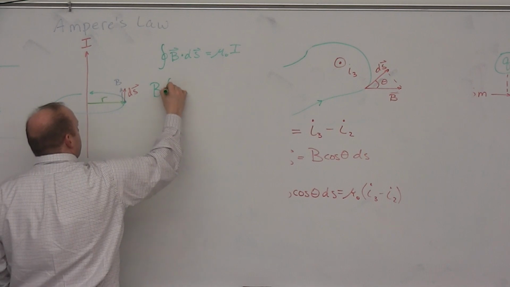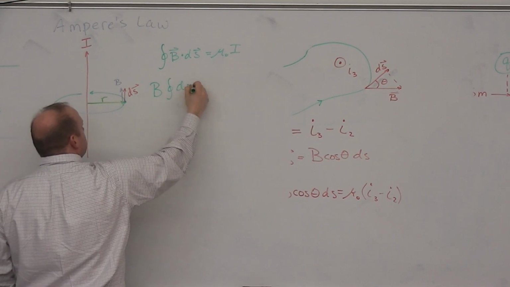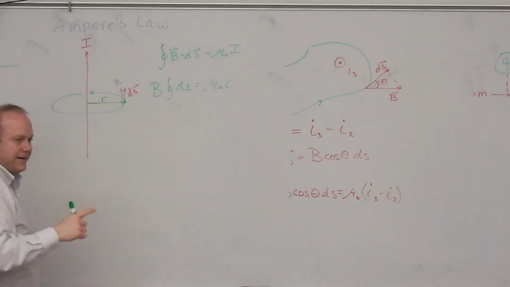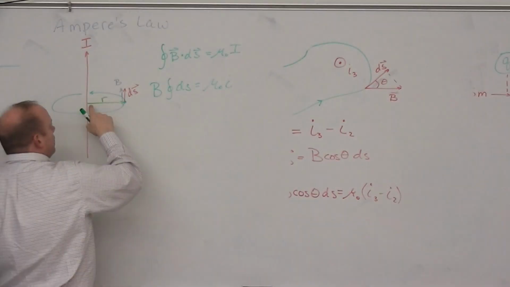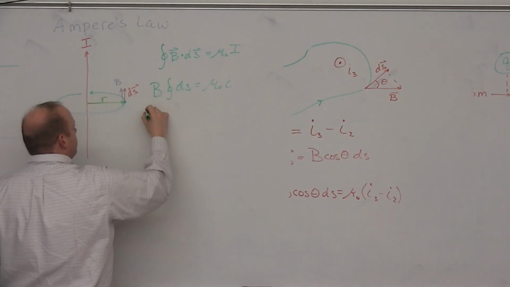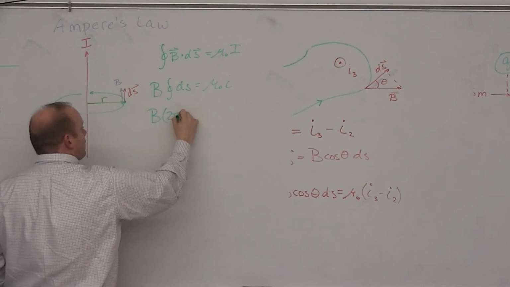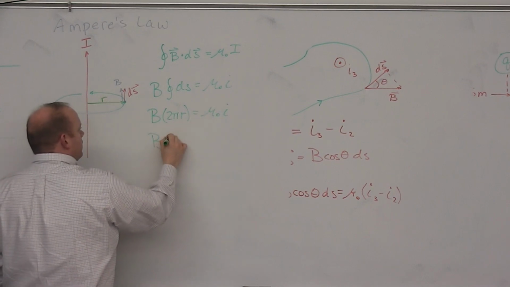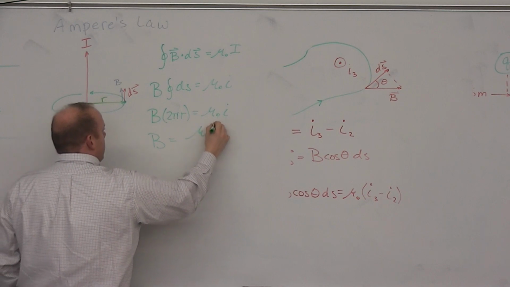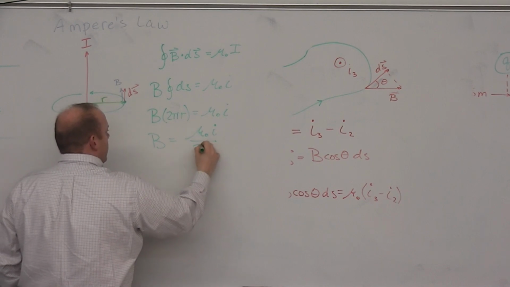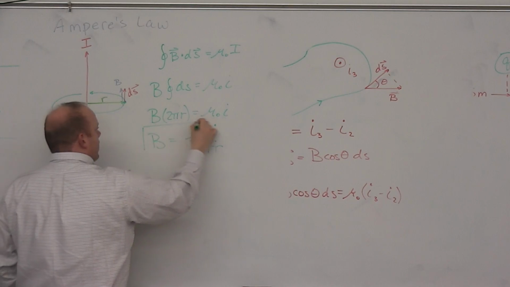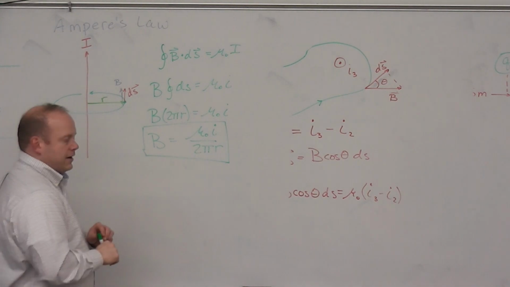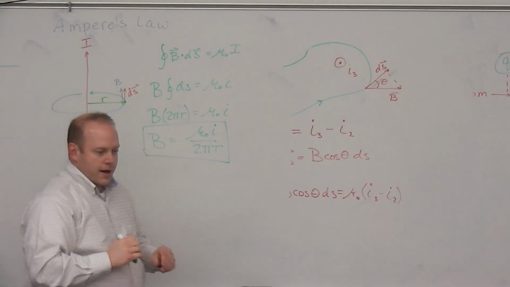I get B times the closed loop integral of ds equals mu naught I. As I go around this loop, the distance that I travel is the circumference, which is 2 pi r, equals mu naught I. So B is equal to mu naught I over 2 pi r, which is what we had before. This is much simpler than what we did when we did it with Biot-Savart.